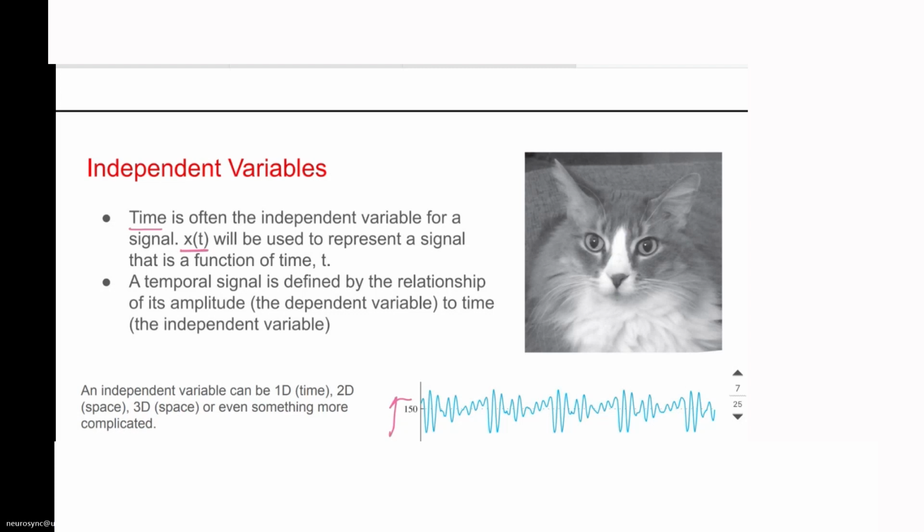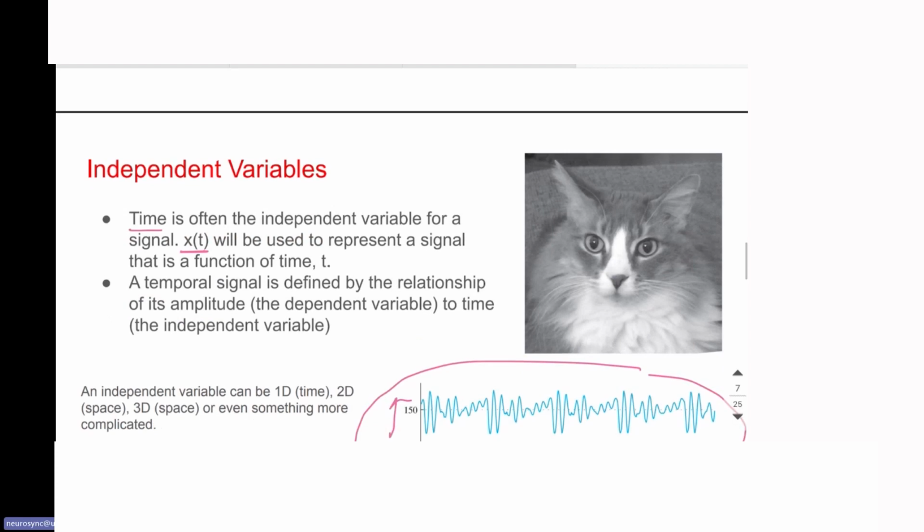Now, if you see this picture, this is a one-dimensional signal, a 1D signal. We also have 2D and 3D signals, which are not in the course, but you can see this image, which is a 2D signal.